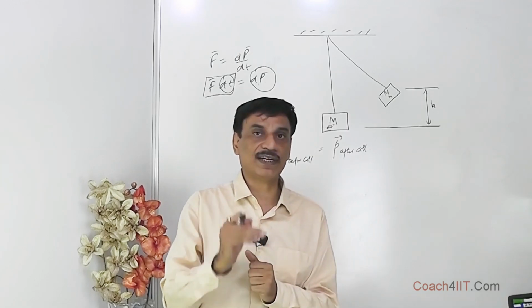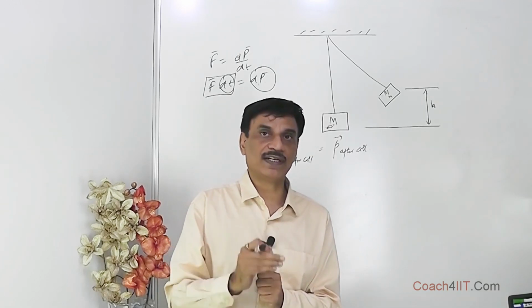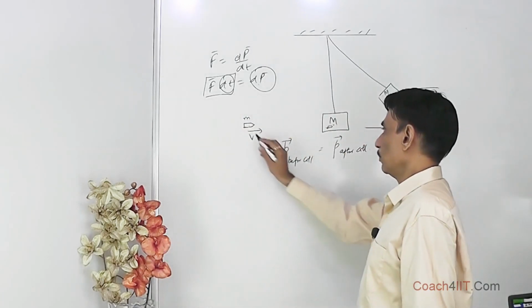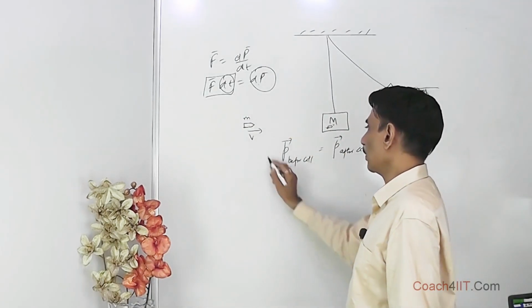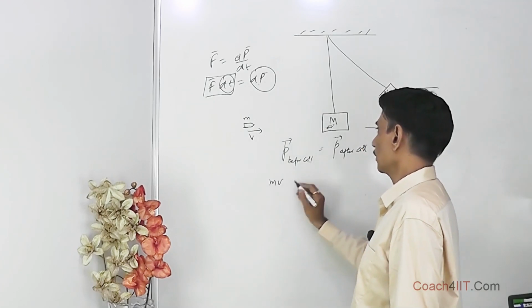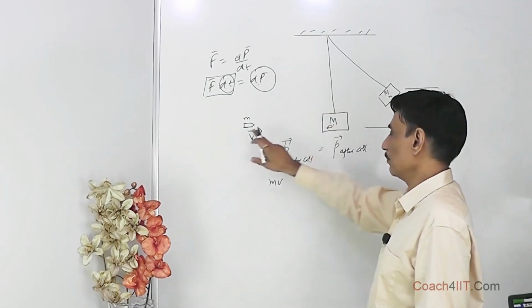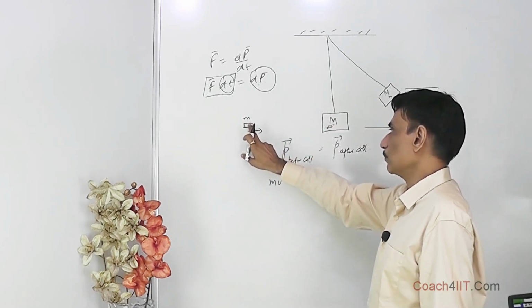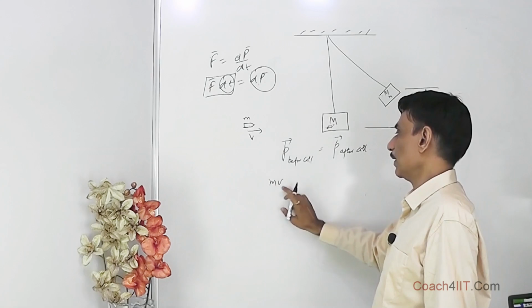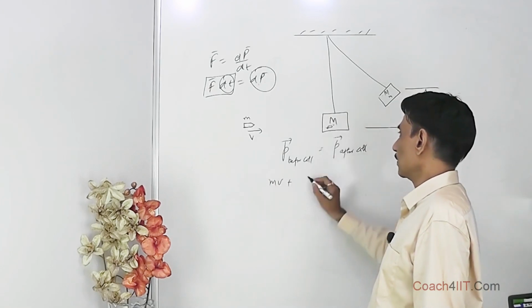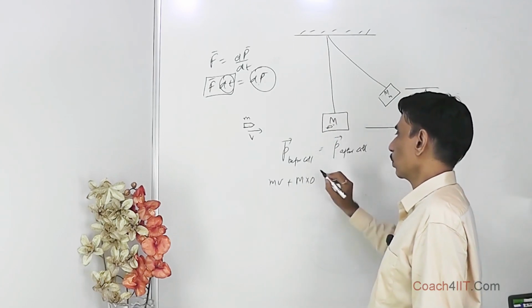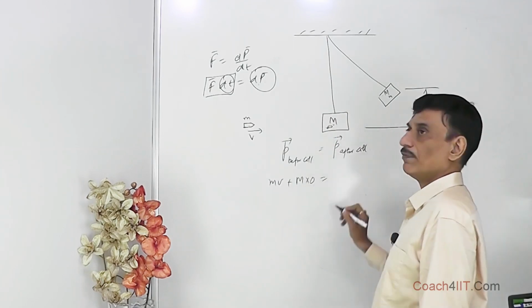That is the case of a perfectly plastic collision or perfectly inelastic collision. We simply use conservation of momentum. Before collision, the momentum of the bullet is mass into velocity, and since we have a system of bullet plus block, the momentum of the block in its initial state at rest is M into 0. This is equal to the momentum after collision.